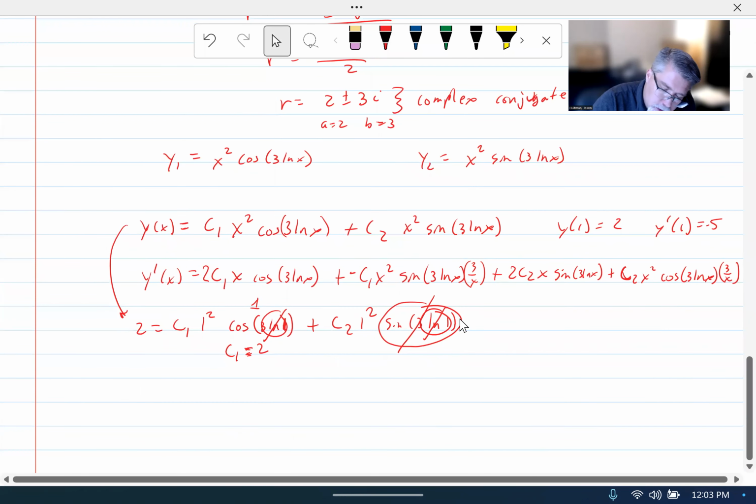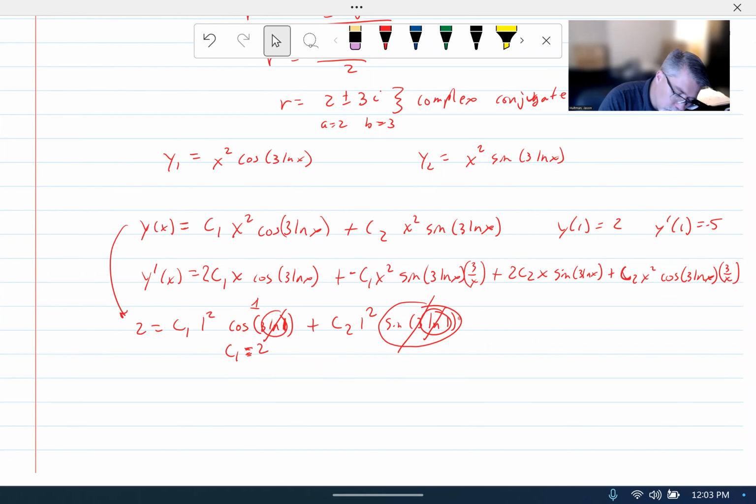Okay, now let's deal with the y prime at 1. y prime is equal to negative 5.